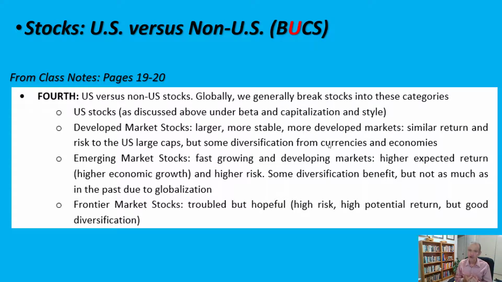So you might buy Japanese stocks not just to get exposure to the Japanese economy, but also the Japanese yen will do well when the U.S. stock market's doing badly. Now, it's a mixed bag of things. Boy, it's really hard to talk about. When the Japanese economy is doing badly, the yen will usually do badly. And so then you're losing money on the Japanese stocks and on the yen.